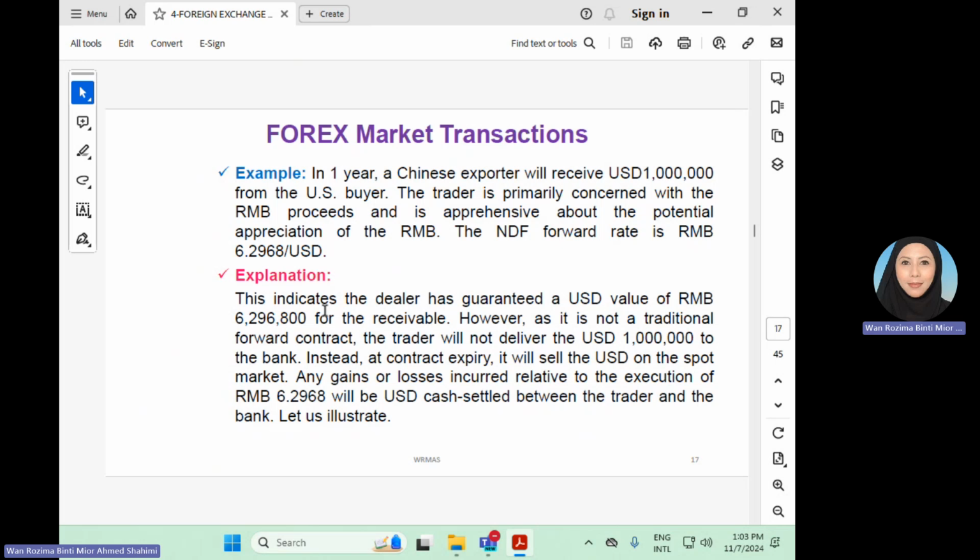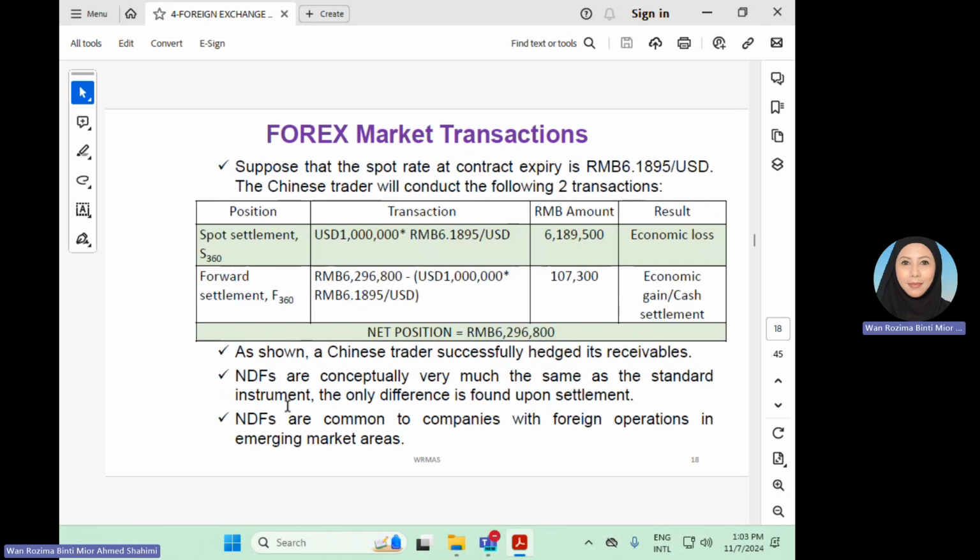Whether I call it yuan or renminbi, it's the same thing. So the explanation may be difficult, but let's illustrate this by taking this position.